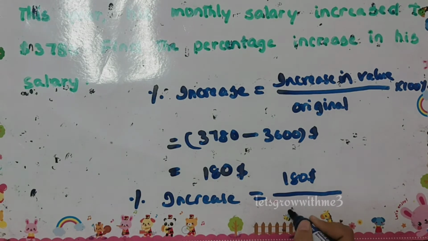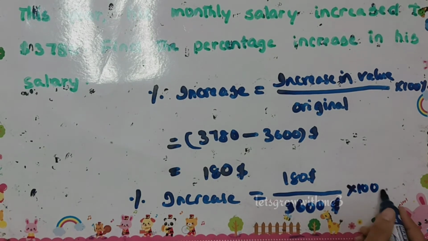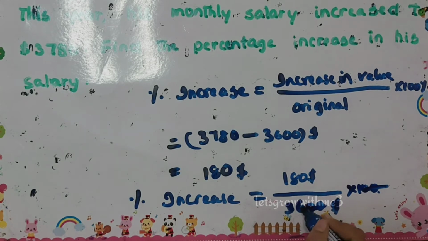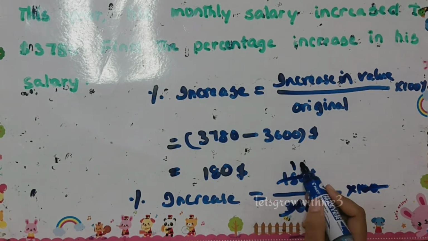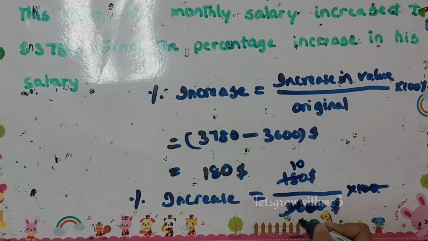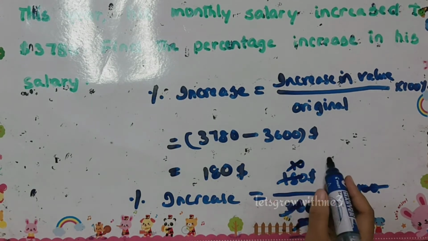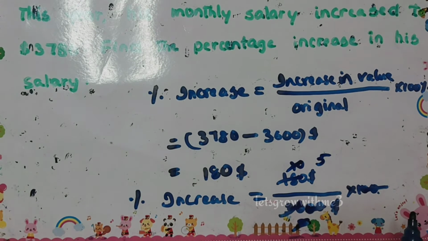So we need to simplify these values. These two zeros and these two zeros cancel. Next, what are we left with? 180: 18 tens; 36: 18 twos, then again 2 fives are 10. So how much percentage did we get? We got 5%.